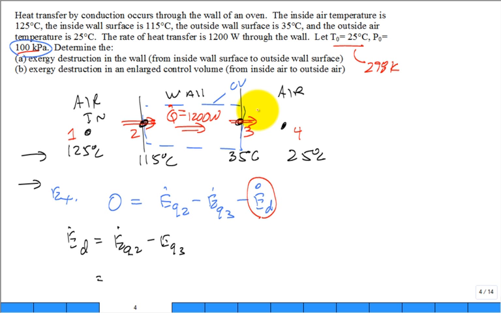All right. So now that we know that the Q dot coming in is the same as the Q dot going out, really what I need to know is how do I calculate the rate of exergy transfer with that Q dot coming in? And it's going to be Q dot times 1 minus T0 divided by T_B2. Why did I put the B in there? Just to emphasize it's a boundary. 2 is a boundary.